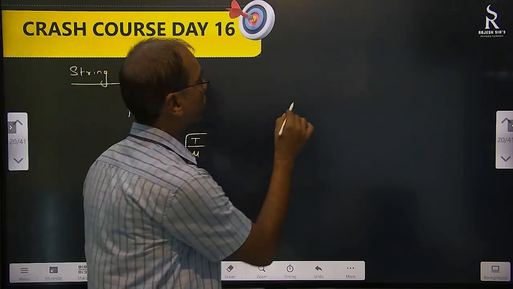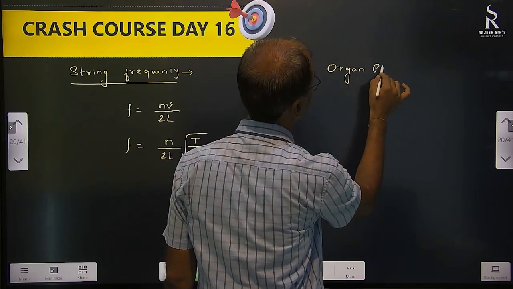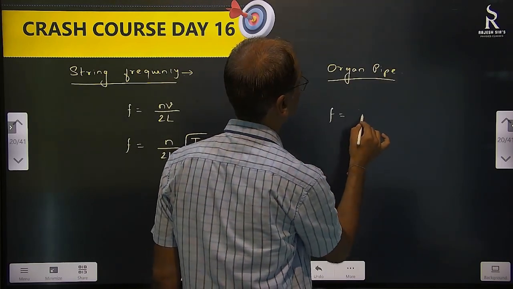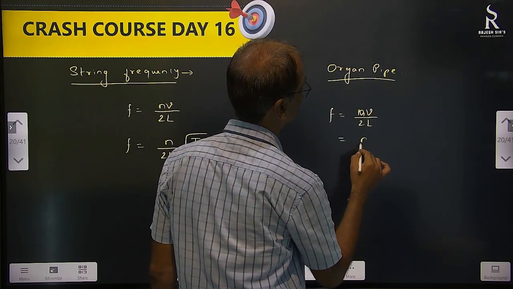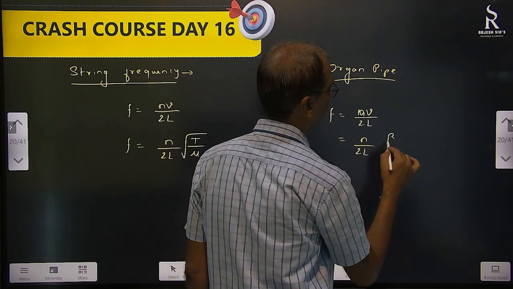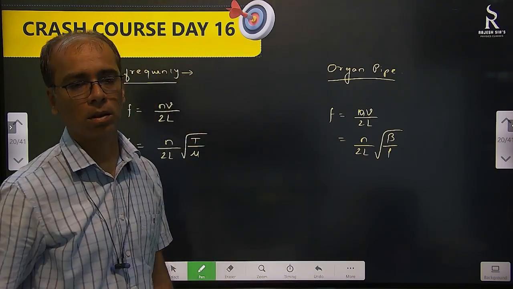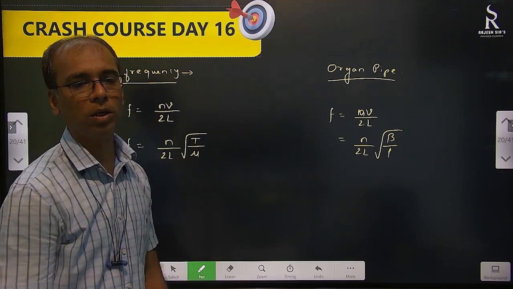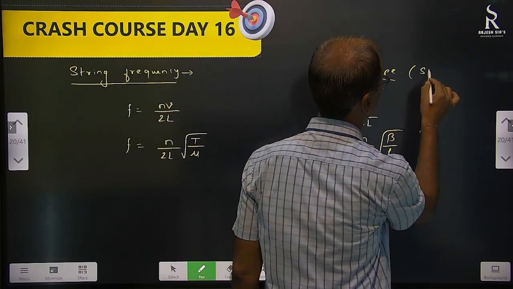Whereas in an organ pipe, when we write frequency as NV by 2L, this velocity is root over beta by rho, or root gamma RT by M, because this is for sound in air.